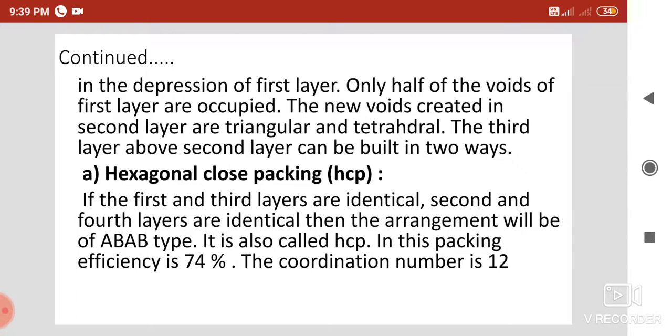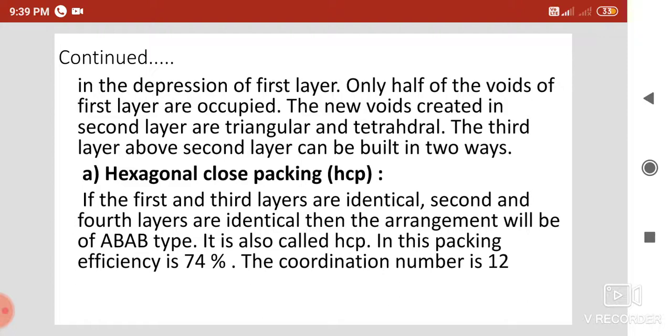The first is called hexagonal close packing. When the layers are different, there may be ABAB type or ABC type. The first is hexagonal close packing, HCP, that is ABAB type of close packing. If the first and third layers are identical, and the second and fourth layers are identical, then the arrangement will be ABAB type.